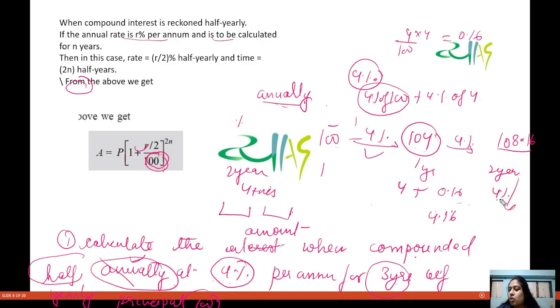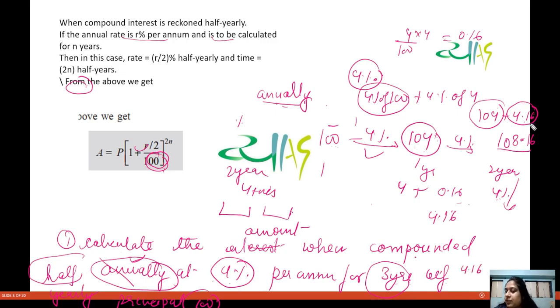Now 4% of this 108.16, we can write as 4% of 104 plus 4.16. Now you know what is 4% of 104? 4.16.